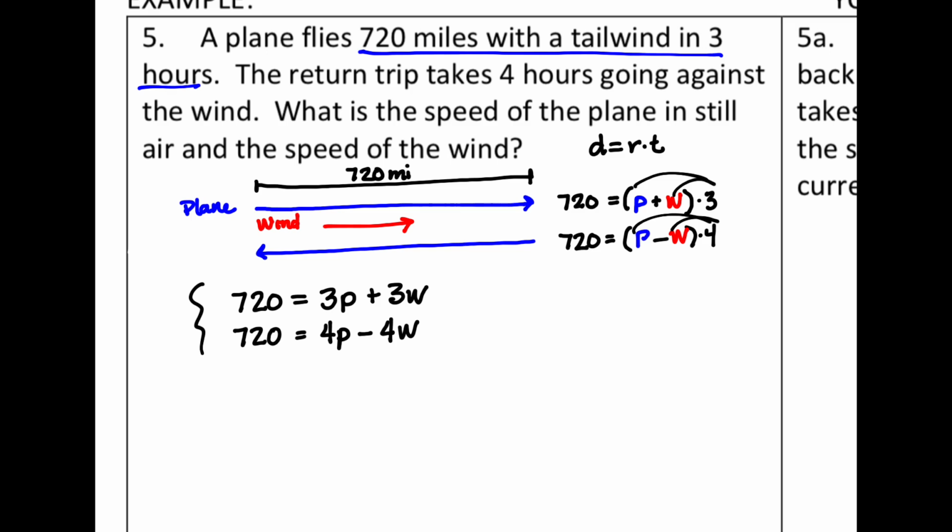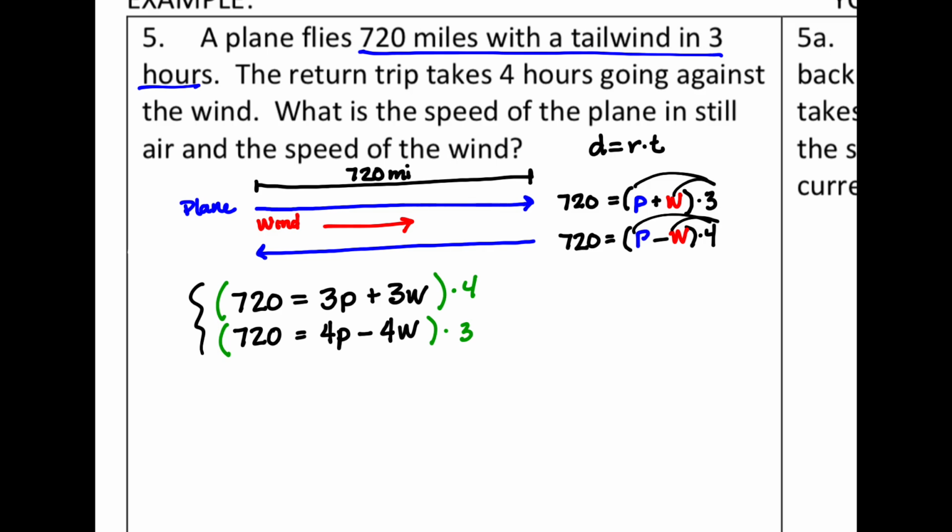Okay, because I have two different signs here, I am going to eliminate the W first. So I'm going to times the top one by 4 and the bottom one by 3. That way I get a positive 12 here and a negative 12 here. And then the W will cancel. Okay, so what do I have? I have some pretty big numbers.